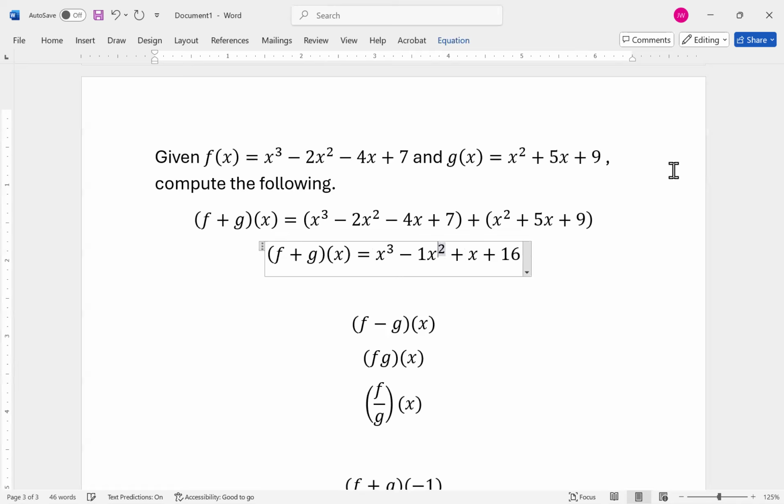You can leave the coefficients of 1 off if you'd like.